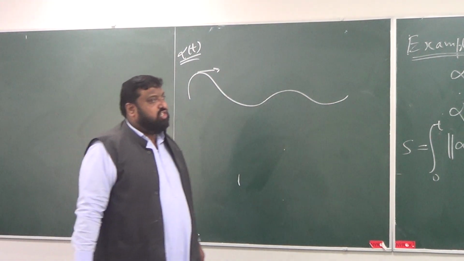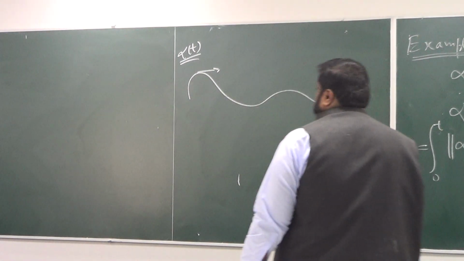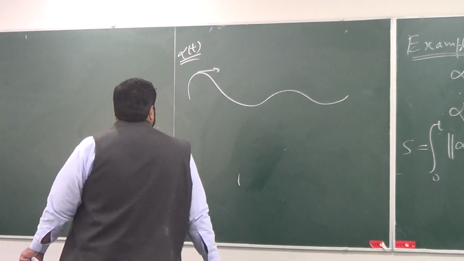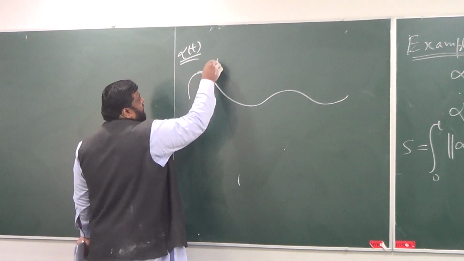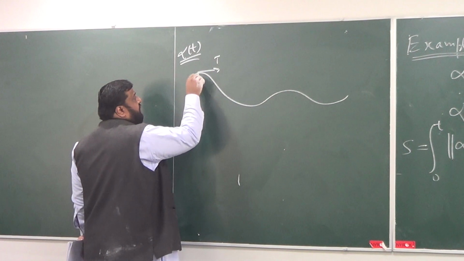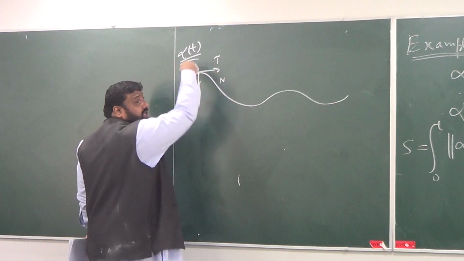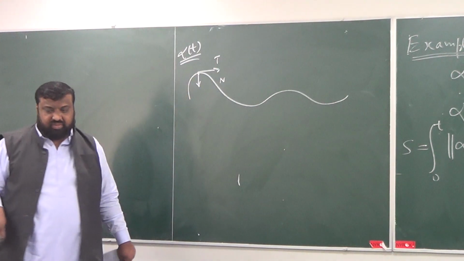If there is a relationship between this circle and the curve, this is your tangent, and you are going to have a normal component, maybe a normal vector also. So that's your normal vector to the curve.